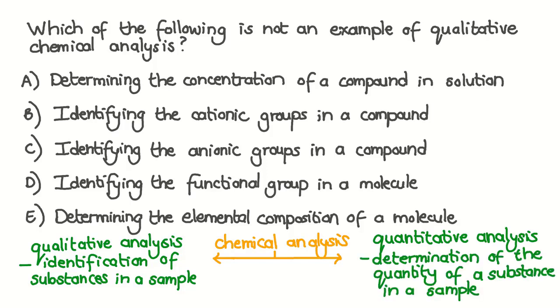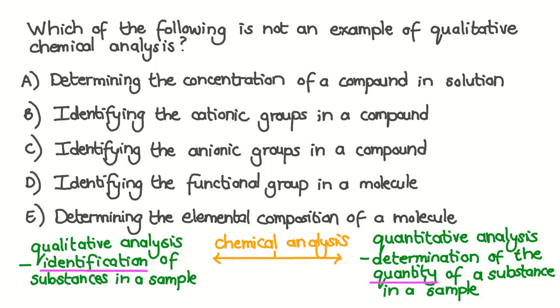Whereas quantitative analysis is the determination of the quantity or amount or abundance of a substance, be it elements, ions, molecules, in a sample. So qualitative analysis involves finding out the identity of an analyte, while quantitative analysis involves finding out the quantity of the analyte.